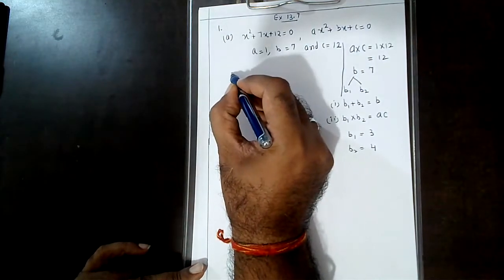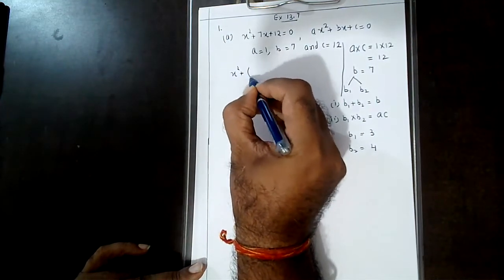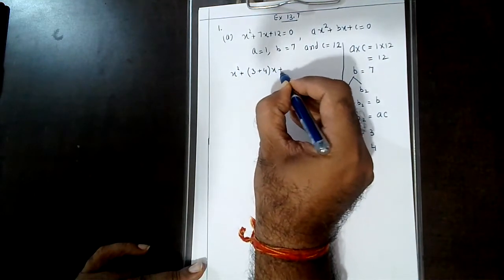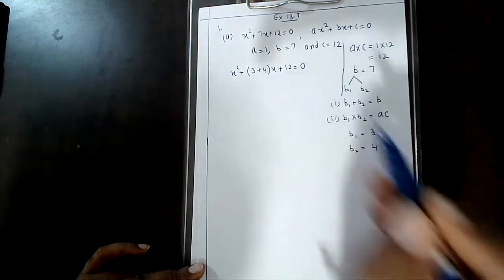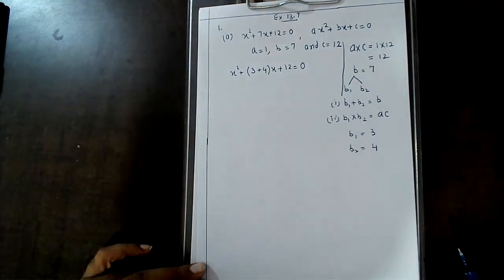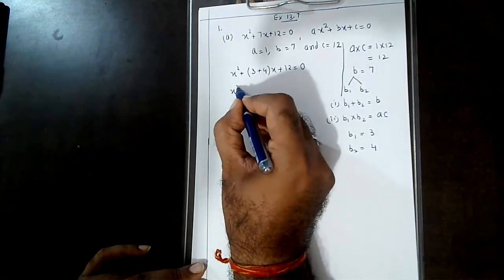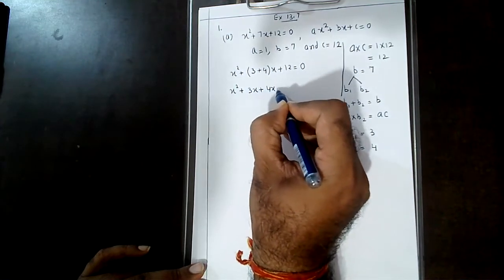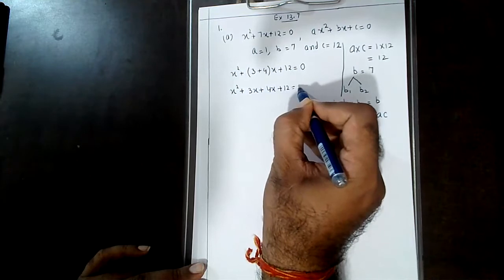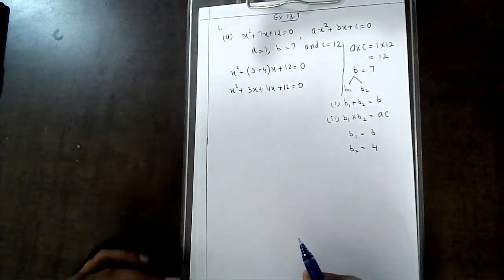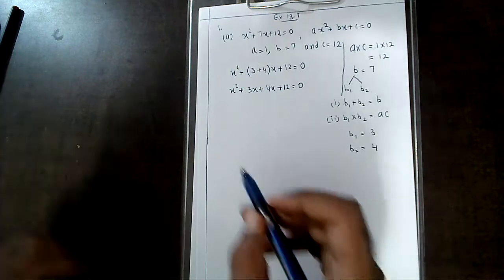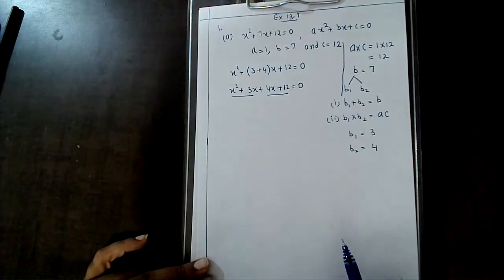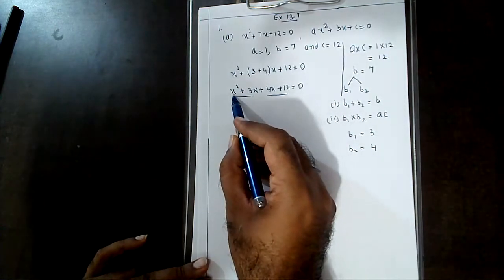We will write the equation as x square plus 3x plus 4x plus 12 is equal to 0, using the parts we have found. Okay, now make pairs. Take out the common from x square and 3x.